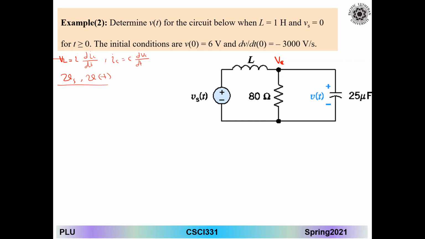Nodal analysis, the first one: V divided by R, the current through this one, right? Plus the current through the capacitor. I have this form here, C dVc by dt. Plus this confusing part, plus what? Any guess?